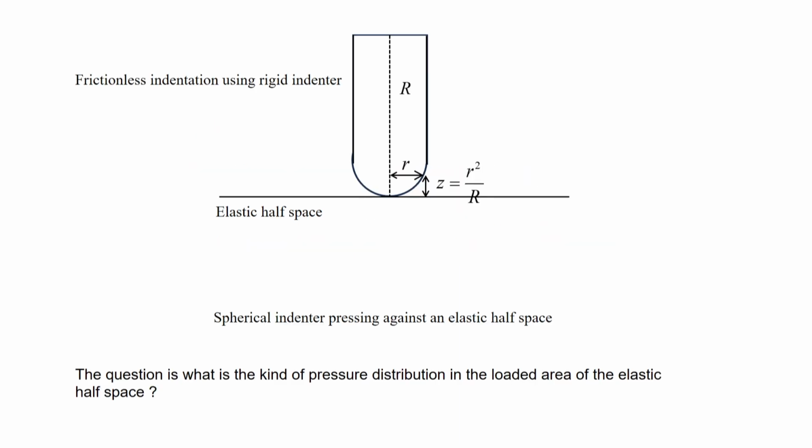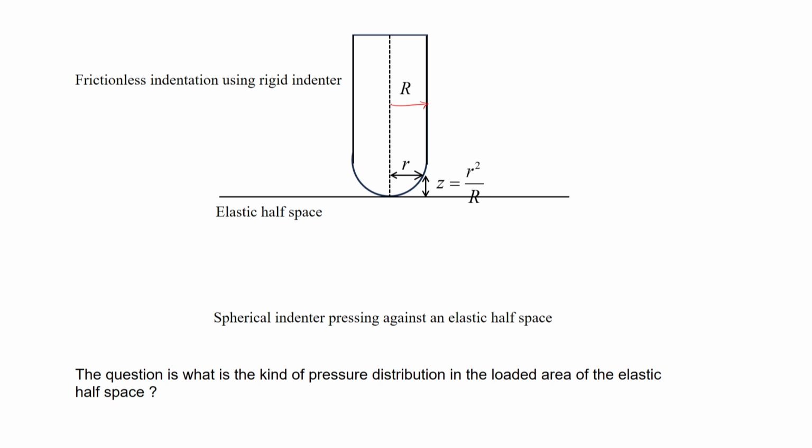So, the convex indenter looks like this. It is a rigid punch, but the Hertz approximations, that the radius of the indenter is much larger than the contact area, are not required. Nevertheless, we will consider frictionless contact.